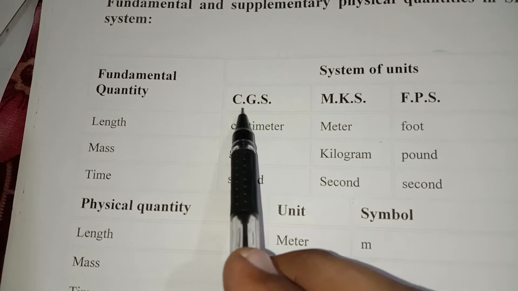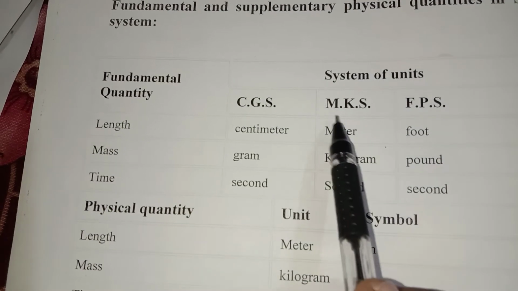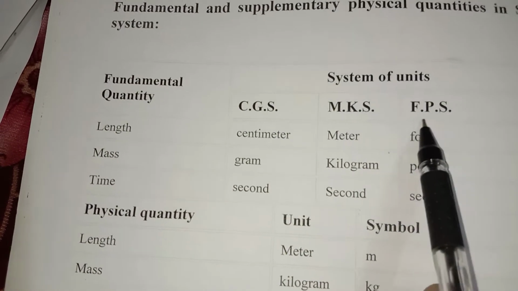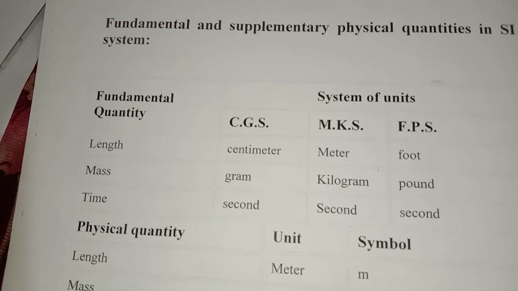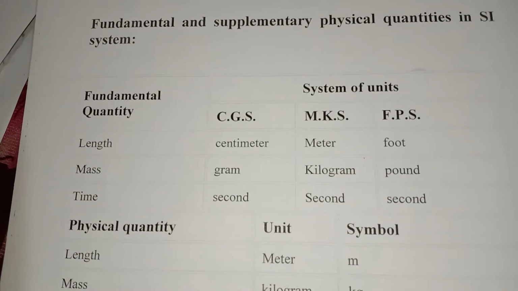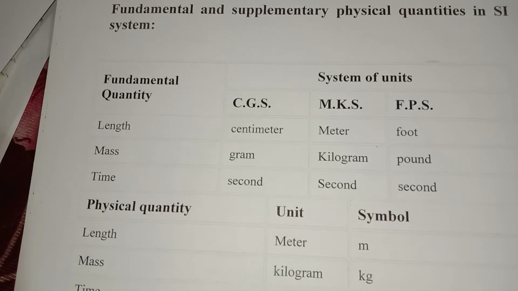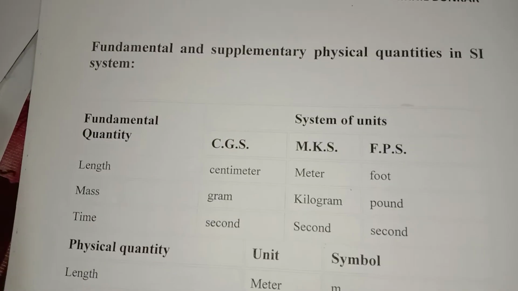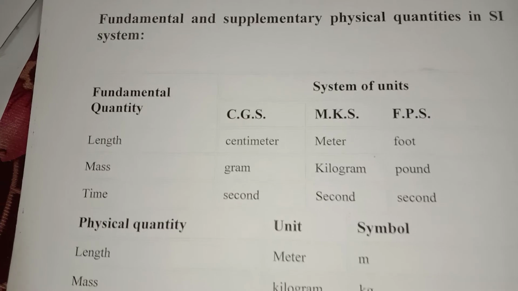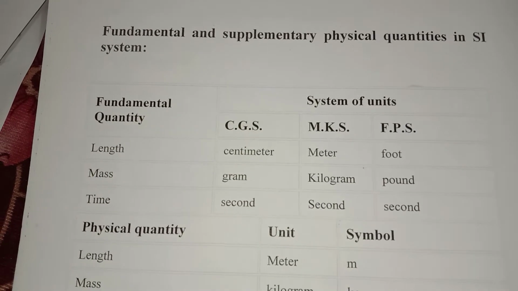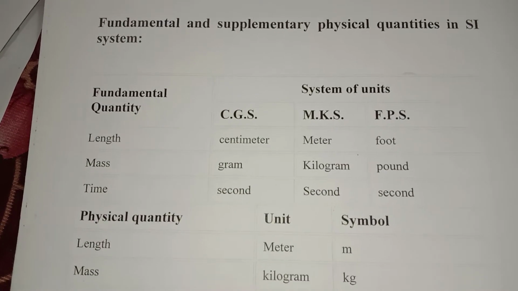CGS is centimeter, gram and second, MKS is meter, kilogram and second and FPS is foot, pound and second. So these are the 3 systems of units by which we can measure the fundamental and the physical quantities or derived quantities we can say.